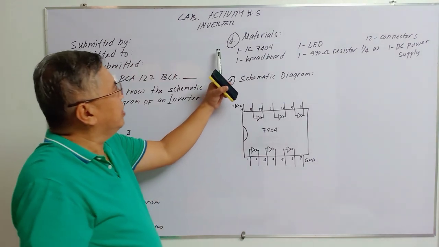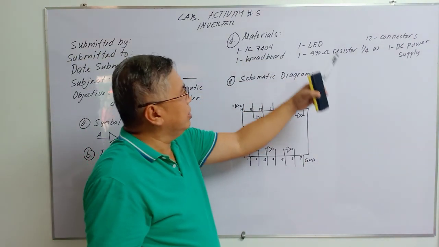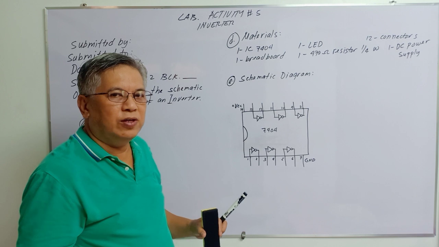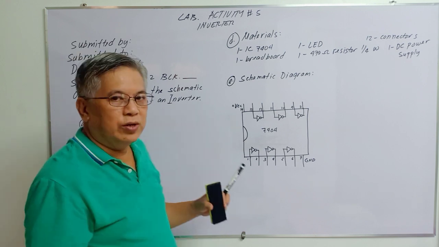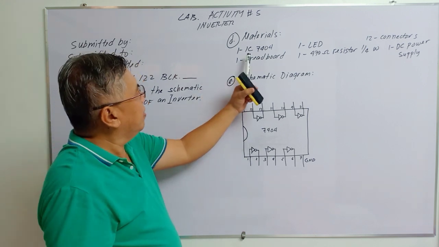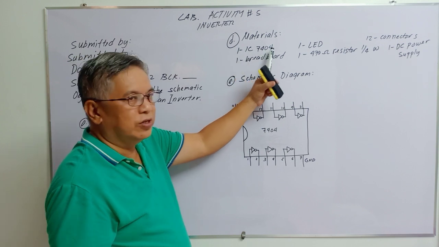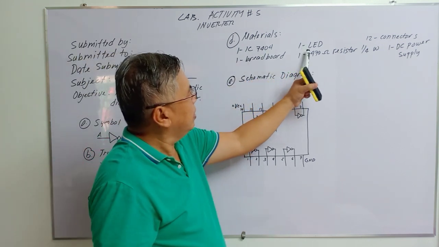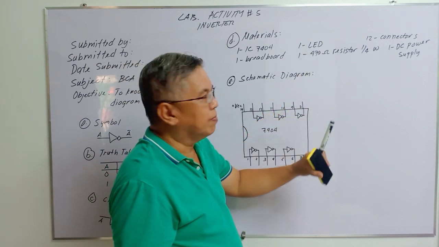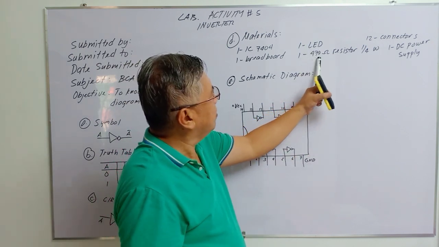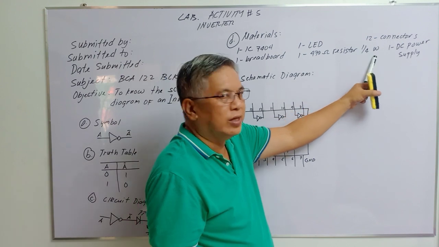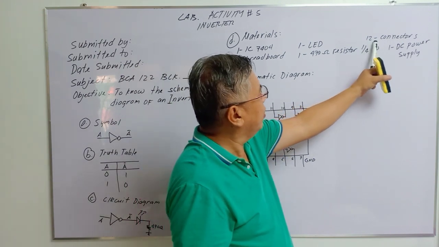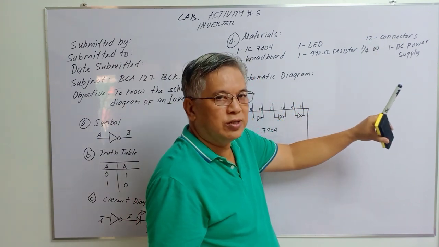Then we have here the materials. We will be needing this, again, if we have a face-to-face laboratory activity. So we have one IC 7404, one breadboard, one light emitting diode, one 470 ohm resistor, 1/4 watt, and then we have 12 connectors, for example telephone wire connectors.